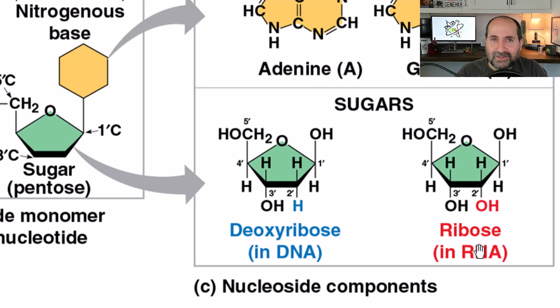C5H10O5, right? So you see why it's called the pentose sugar, because it has 5 carbons. Okay. Now, what is the difference? Look closely. What is the difference between ribose, which has a hydroxyl group here, and deoxyribose, which just has a hydrogen here?